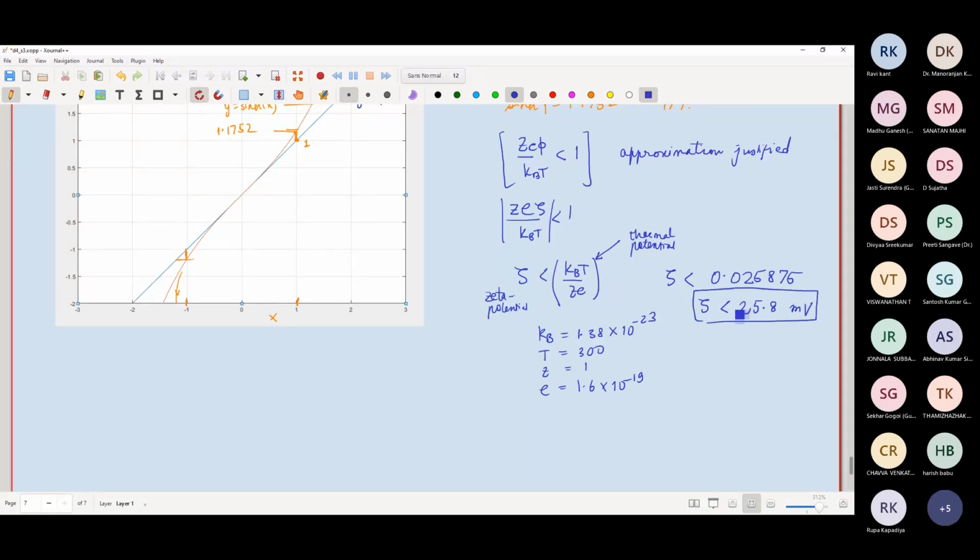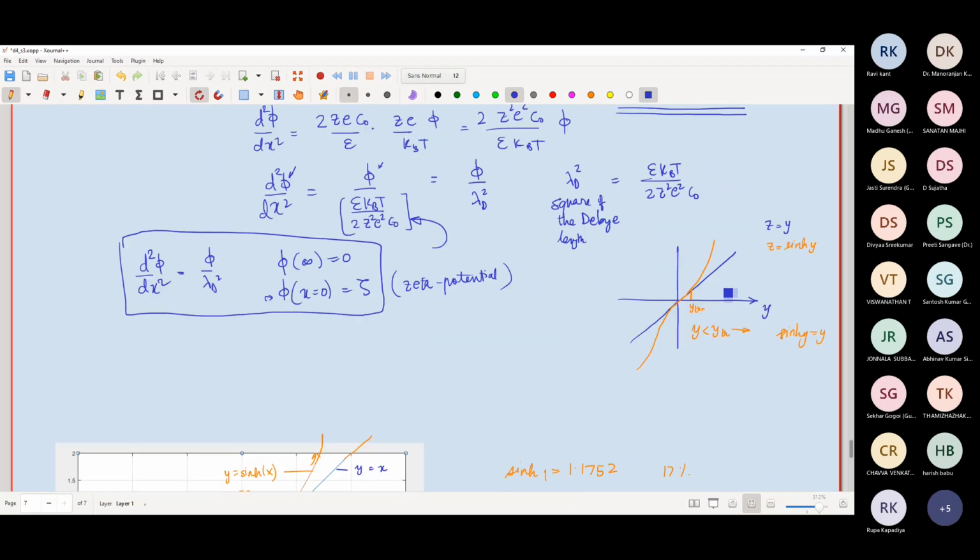You can approximate it as 25 millivolts. So when the potential is less than 25 millivolts, you can easily justify the linearization of this problem.